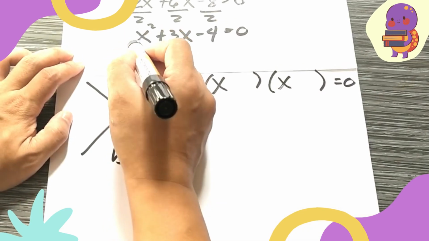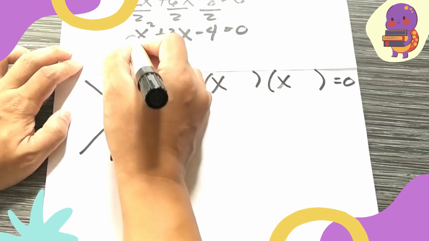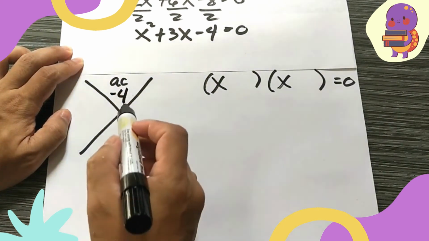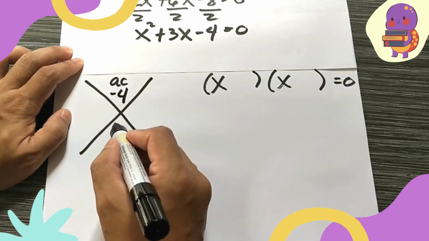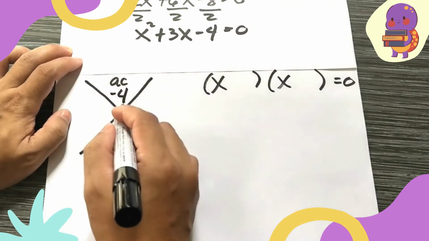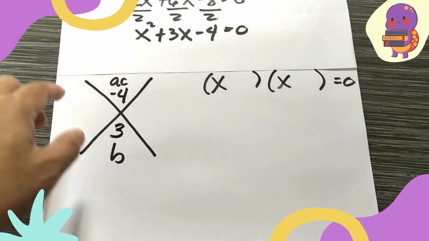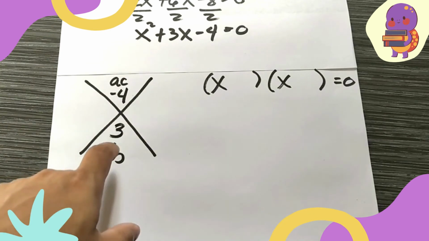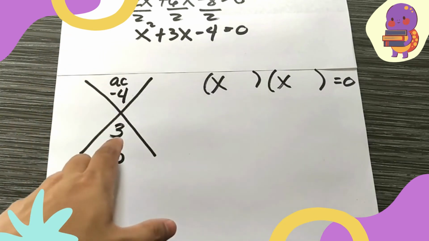Here, your A is 1 and your C is negative 4, so 1 times negative 4 is negative 4. For B, we have 3. So, what factors of negative 4 will give a sum of 3?